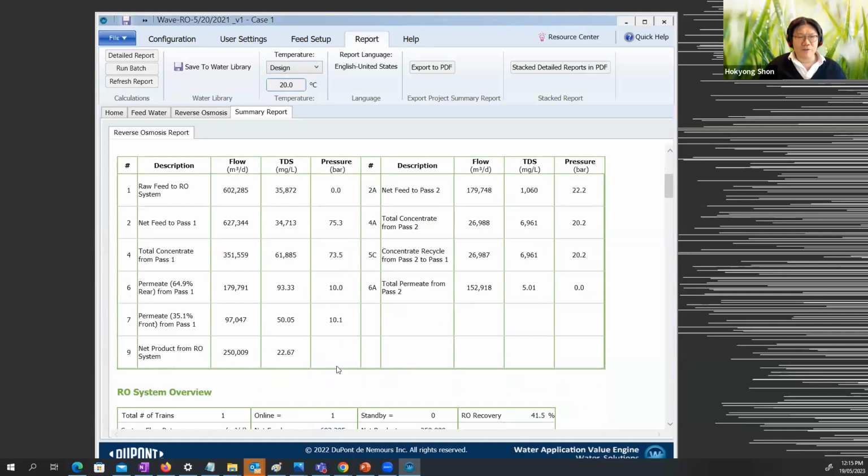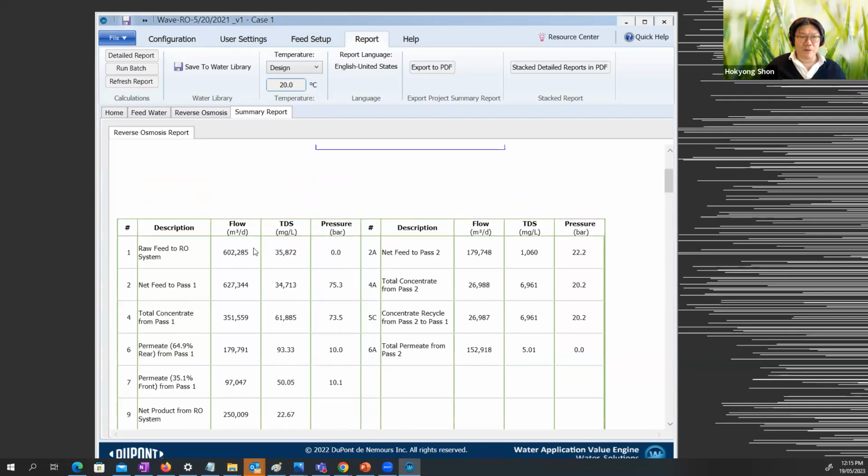So you have a pressure of almost 0, and your TDS is around 22 milligram per liter, and your flow rate is 250,000 cubic meter per day. So your feed water is around 627,000 cubic meter per day, which means around 40%, 44% recovery rate.